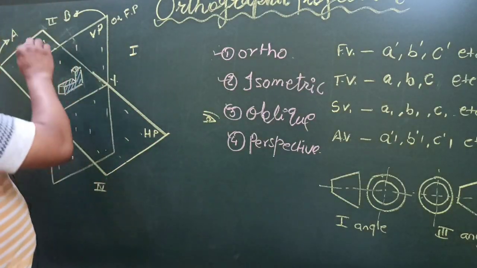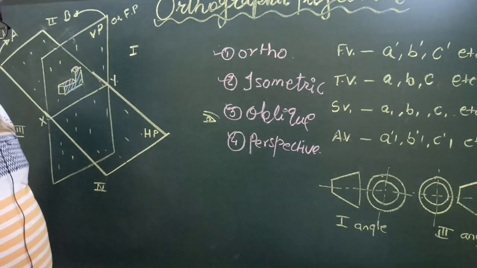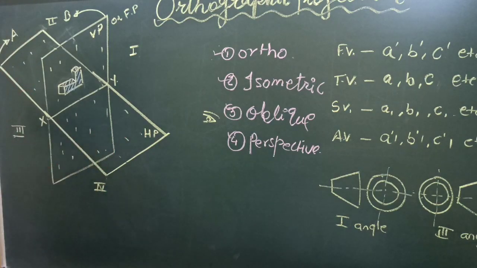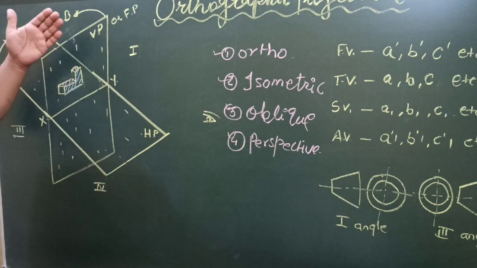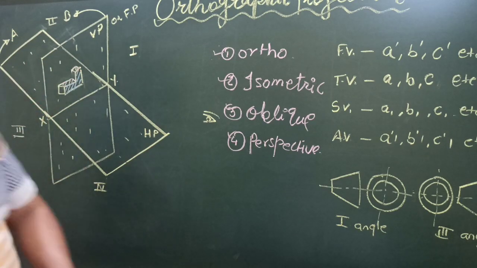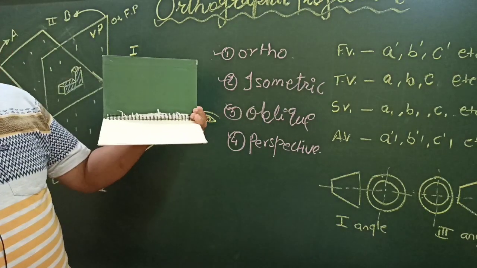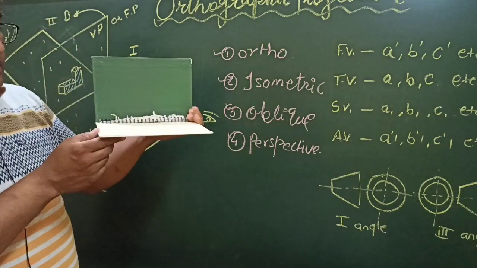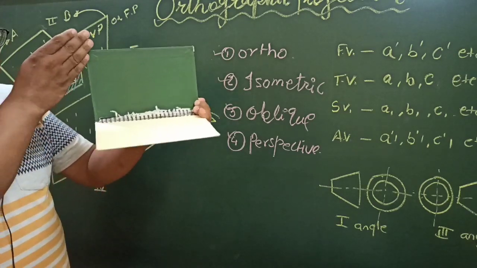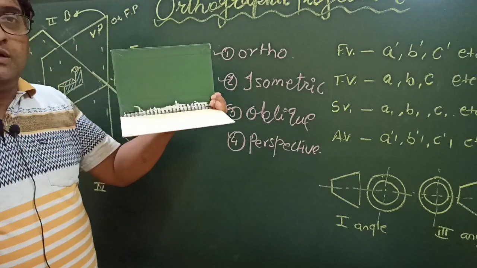Now here is something called a plane system or reference plane system. Here is a vertical plane and a horizontal plane like this. The plane system is nothing but two planes at an angle of 90 degrees to each other. This plane is called the vertical plane and this is called the horizontal plane.